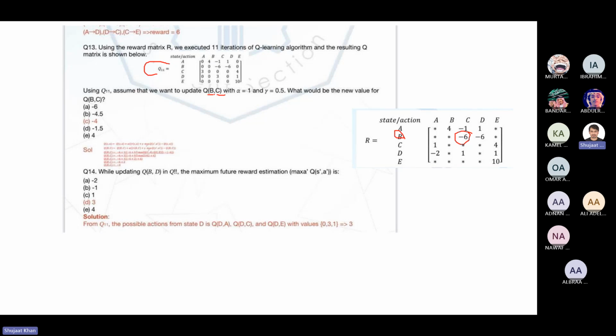Expected reward means if I go to C, what is the maximum I can expect from C? From C, I can expect either 3 or 4. So the maximum I can expect is if I go from C to E, and the maximum is 4. The rest is just putting the values.